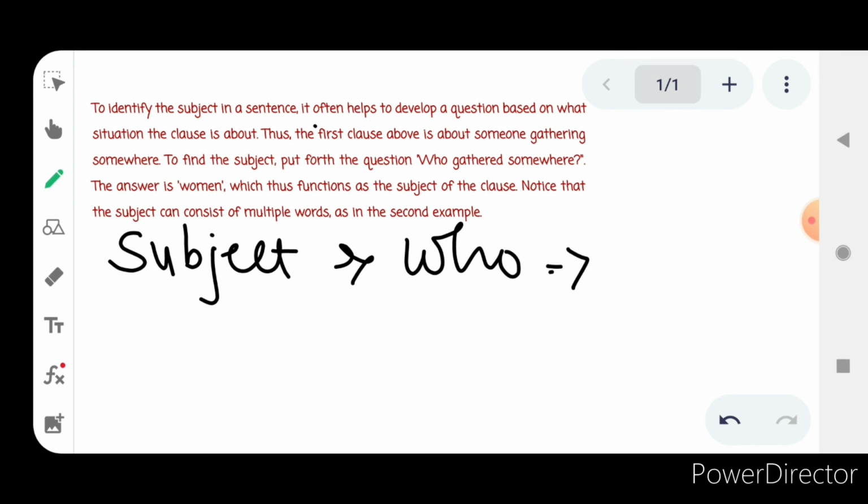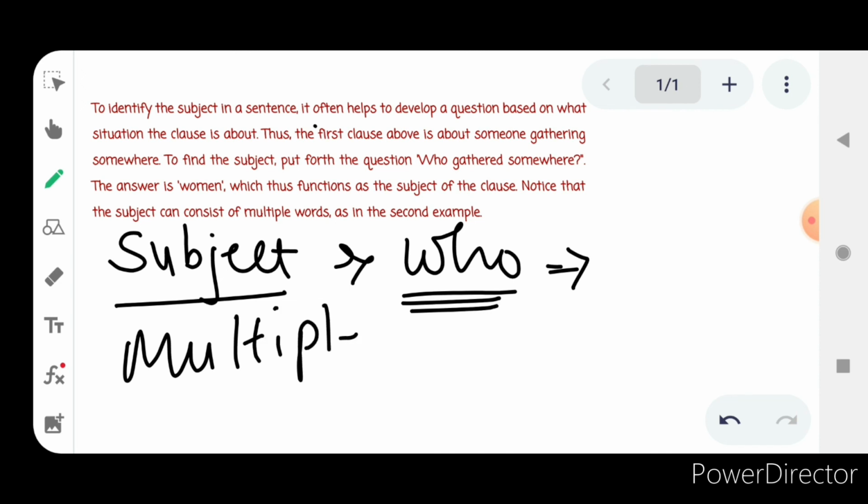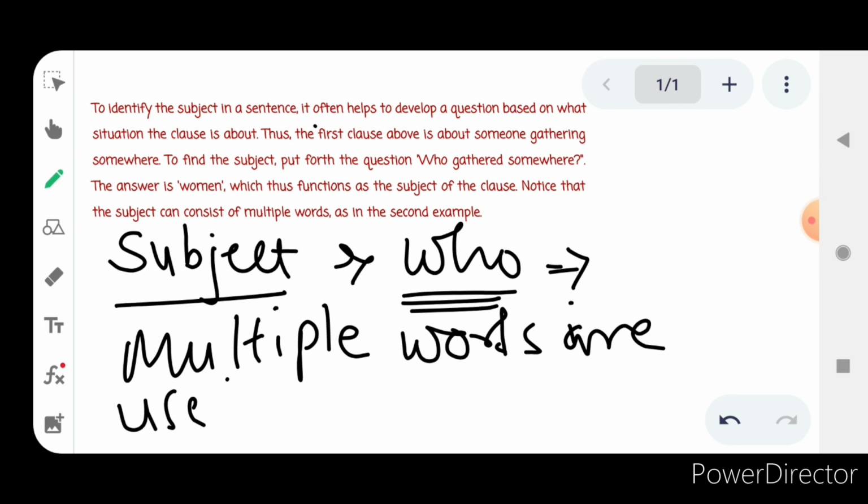So we will come to know what the subject is by asking the question who to the verb. And we have also come to know that multiple words are used in a subject. So this is the learning that we have done today.